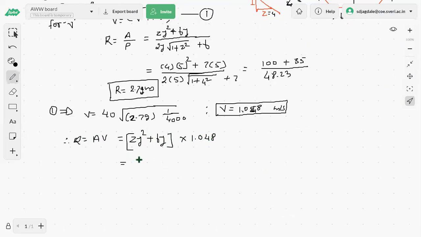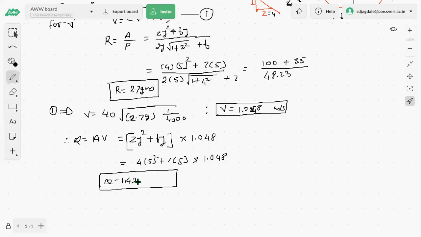That is equals to Z as 4, flow depth Y as 5, its square, plus base width B as 7 into 5, into velocity as 1.048. So what is the discharge Q in meter cube per second?